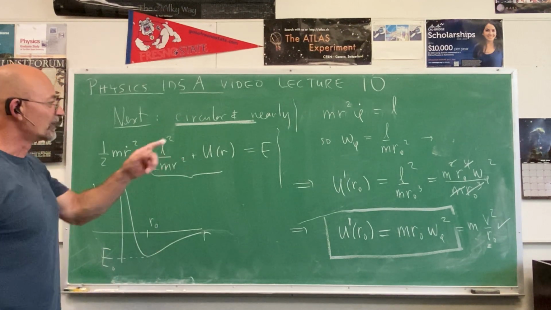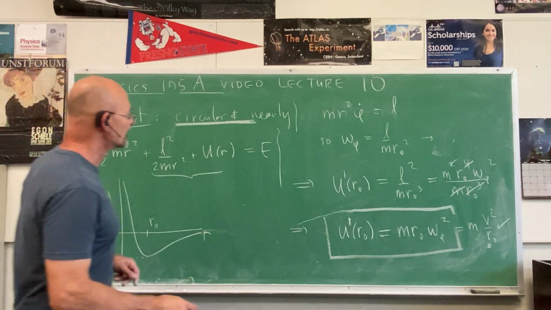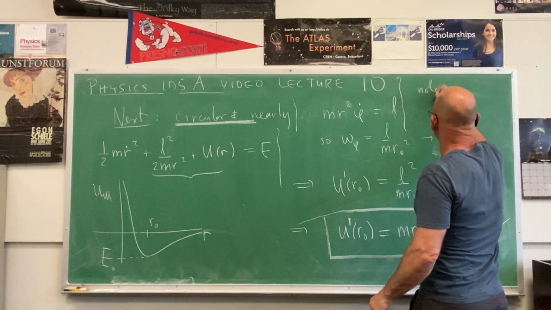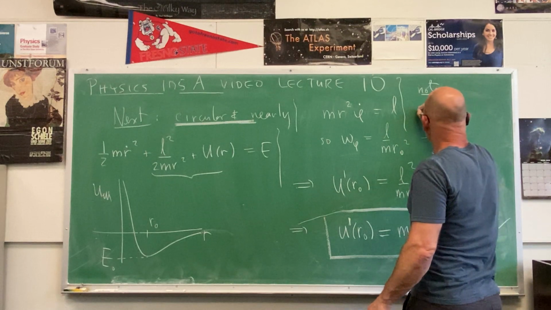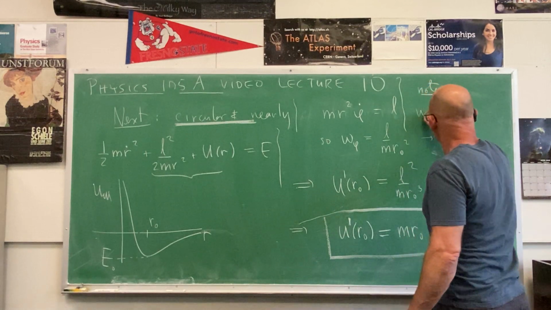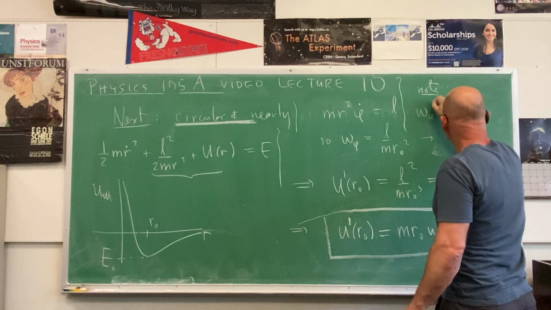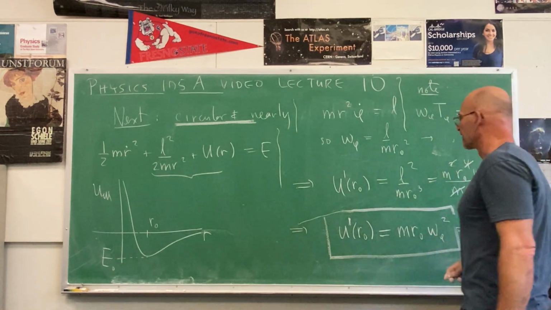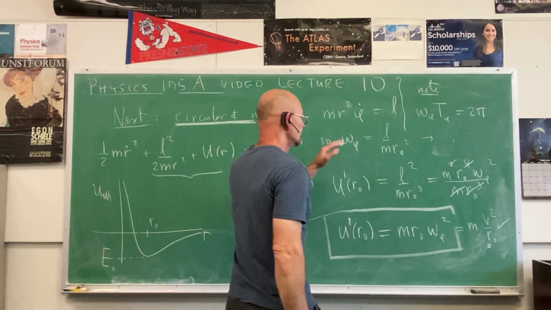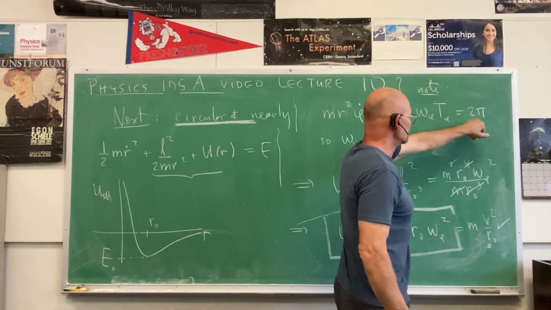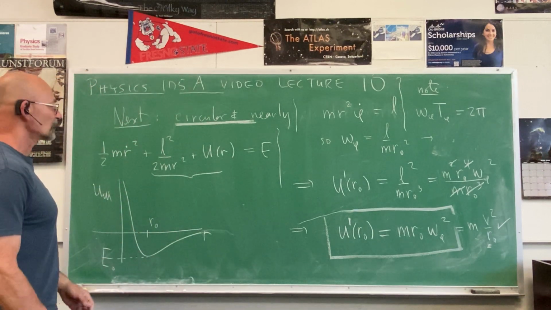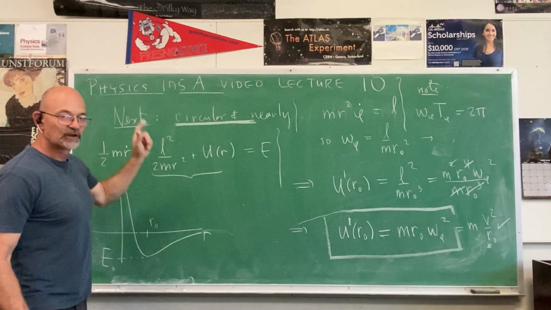And because this omega sub phi is constant, I'll just add as a note here that we'll use omega sub phi t sub phi is equal to 2 pi, just by definition, right? So frequency, period, 2 pi. Okay, so that's circular orbits.